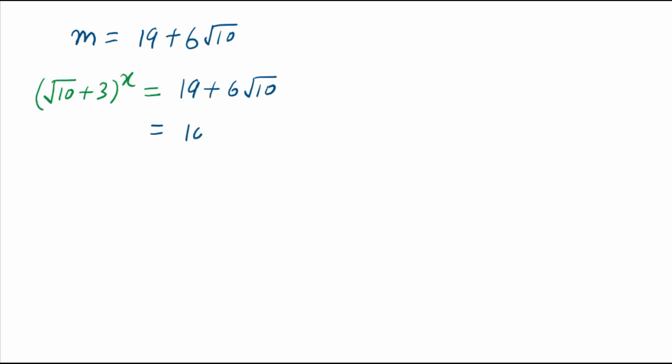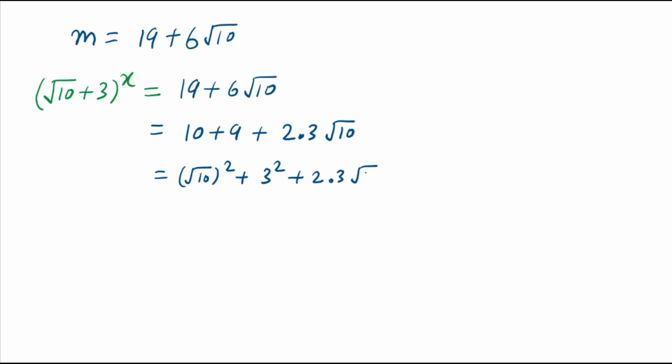This 19 is the same as 10 plus 9, and this 6 is the same as 2 times 3 times square root of 10. This 10 is the same as (square root of 10) squared, plus this 9 is 3 squared, plus 2 times 3 times square root of 10. Now suppose this square root of 10 is equal to a and 3 is equal to b.